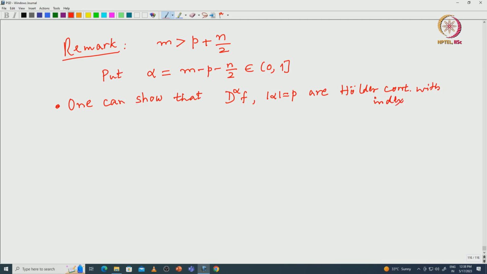Okay. Okay, sorry, there is alpha already, okay, so let me change it. This is beta.